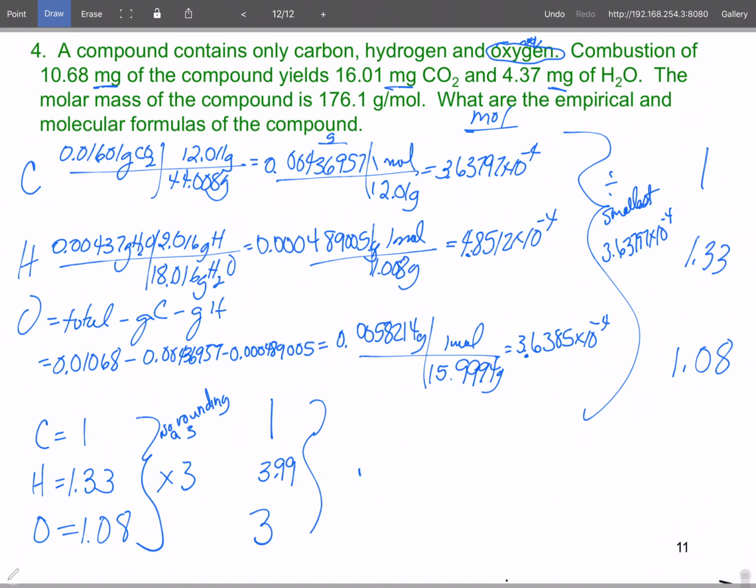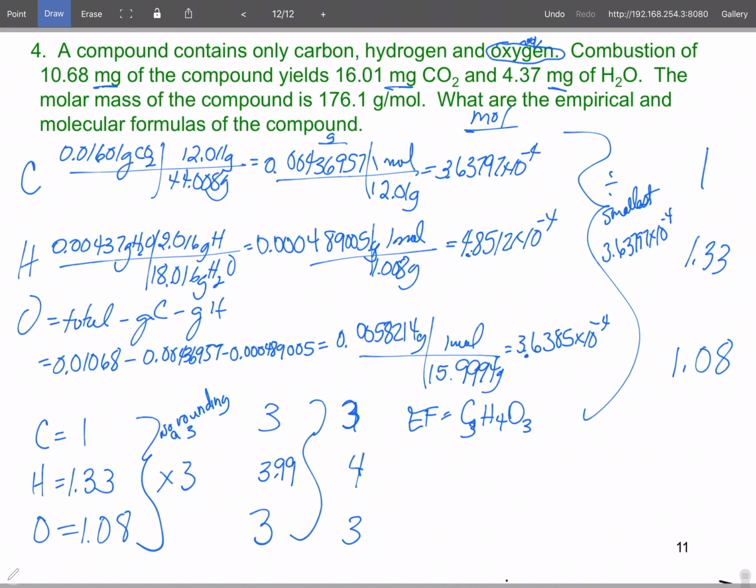So then again, whole numbers, 3, 4, and 3. So my empirical formula is C3H4O3. No, I can't multiply. Did y'all let me get away with that? Okay. 3 times 1 is 3. This is what you call typos. Okay, so that's our empirical formula.